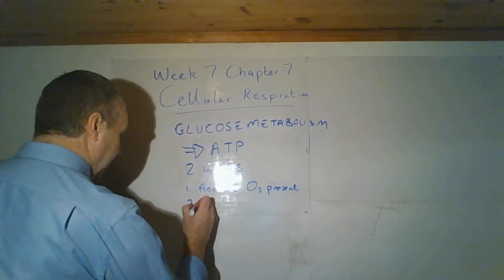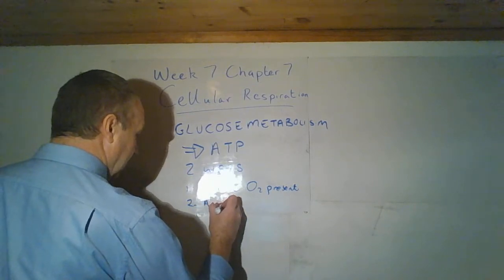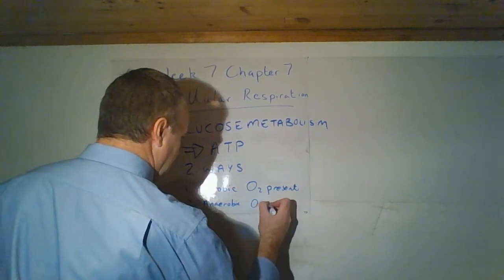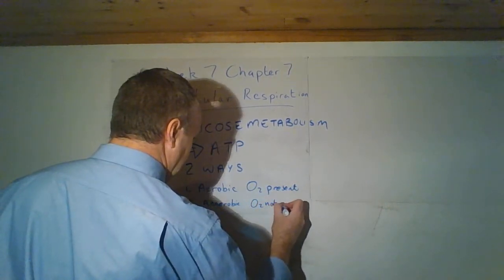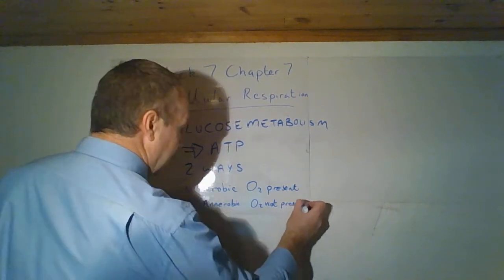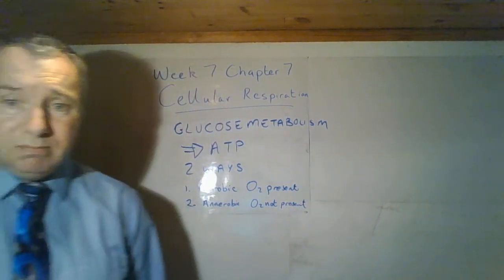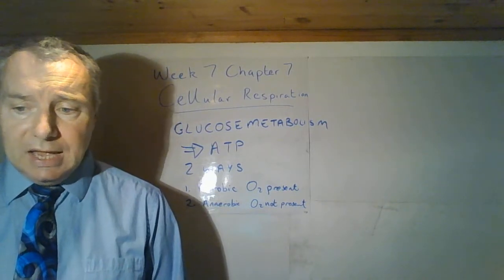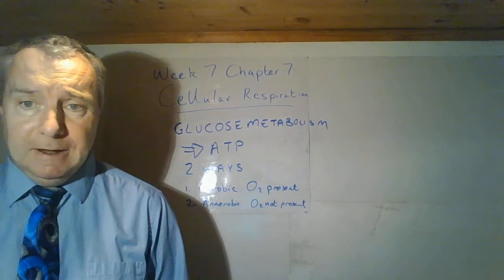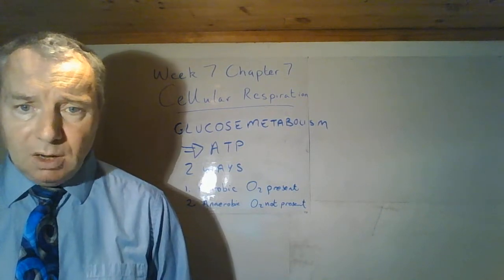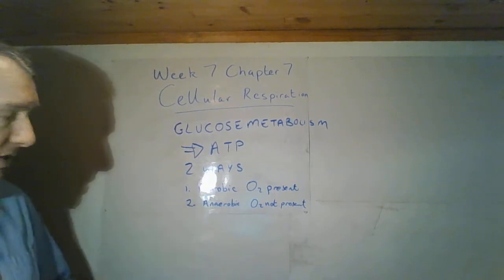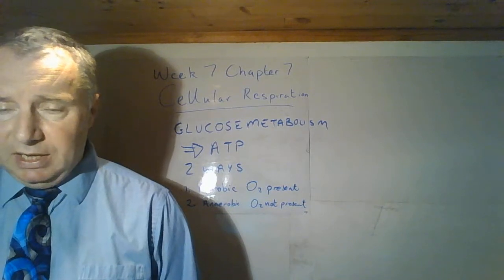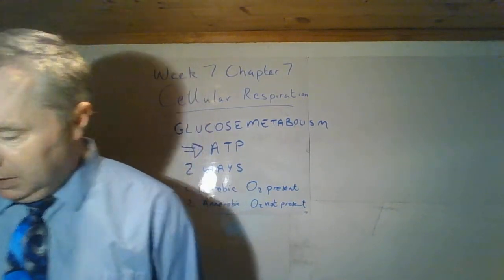The other one is anaerobic, and oxygen is not present. Our body's cells and the cells of other organisms can perform both of these reactions, but the preferable one is aerobic because with oxygen present, we have a better pathway to produce ATP.